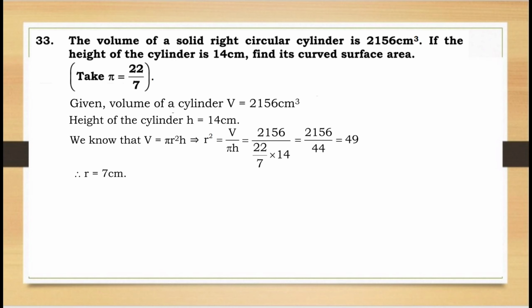Therefore the curved surface area of the given cylinder will be A equals 2 pi r H, which equals 2 into 22/7 into 7 into 14, which equals 44 into 14, that is 616. Therefore the curved surface area of the cylinder is 616 centimeter square. This is the answer for this question.